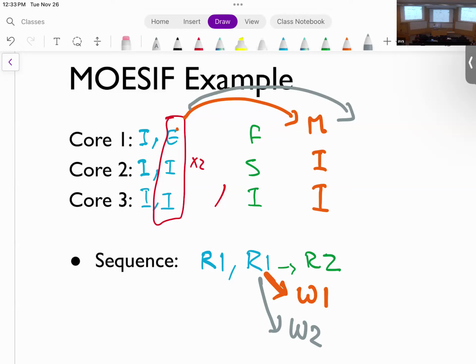So let's say we are in IMI. Let's say, for example, R3 wants to read. Then what should we do? Anyone? So we go to IOS, right?